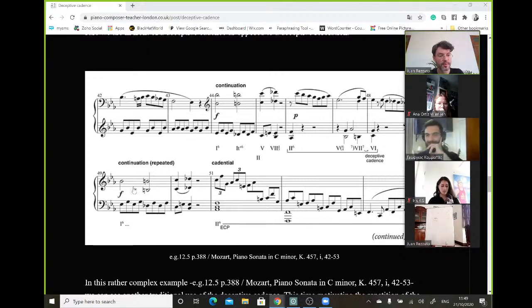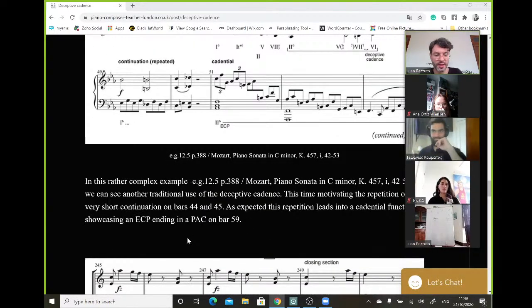I've seen this before. It's a bit invisible, but it's a very good observation, because it gives the 6th even more power, since it prepares it. It's tonicized in a way. Very nice. Good observation to take notes of.